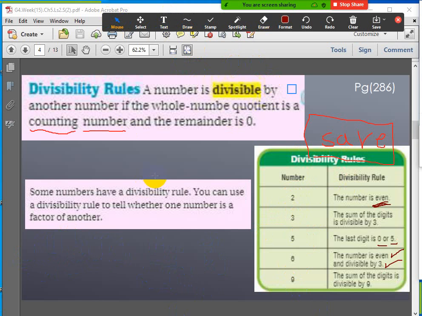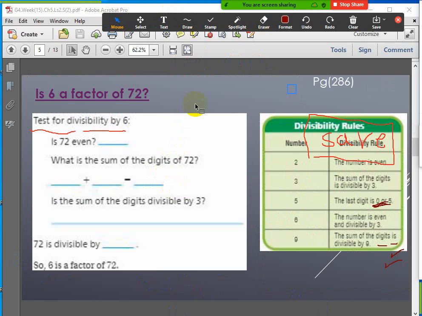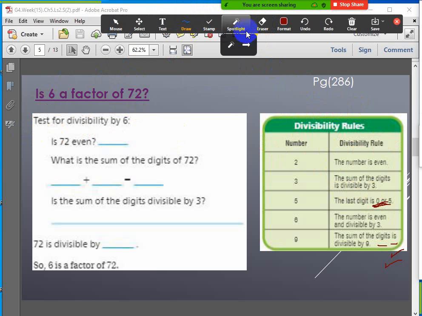Let's see now this example. Look, 72. Now, I want to know if 6 is a factor for 72. To know if this number is a factor, that means 72 must be divisible by 6, right?